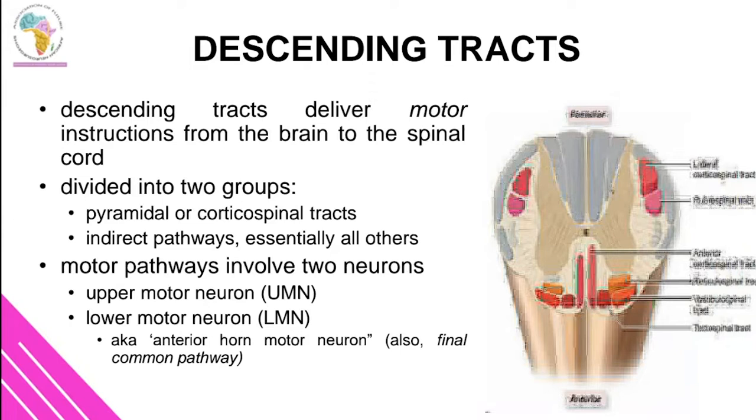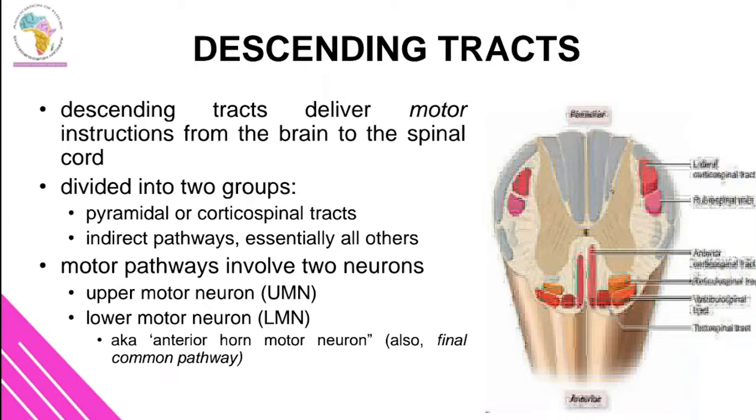The reason they're called pyramidal tracts is that as they cross over in the medulla oblongata, they pass through what are called the medullary pyramids, and as they pass through those medullary pyramids, they form some sort of a pyramid. That's why they're also called pyramidal tracts.